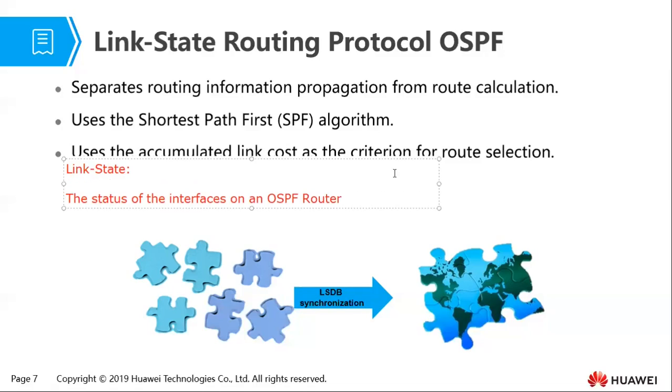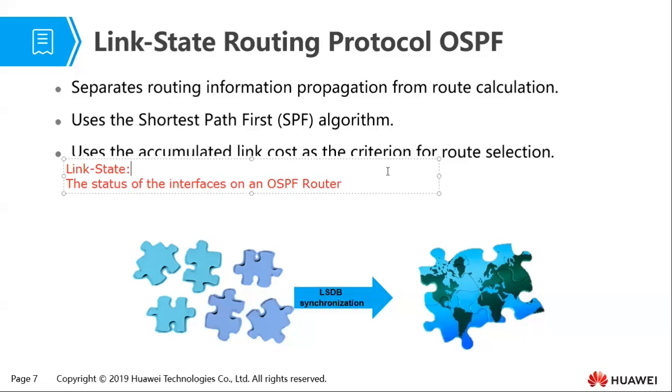Now, this status can include a number of things. We are going to look at some of them in detail, but one of them, for example, is the link type. I'm going to explain what the link type is, but we also have the IP address of that particular interface and the mask.